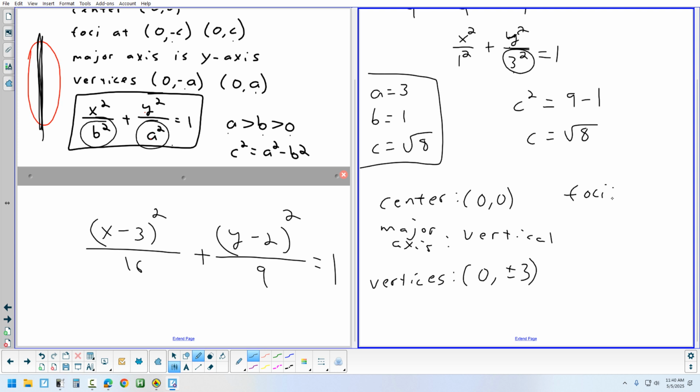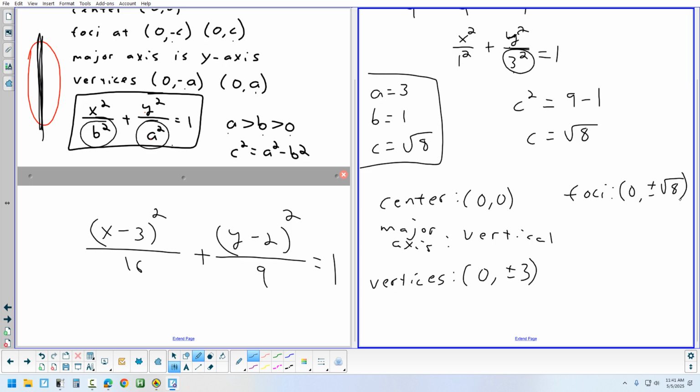C. 0, plus or minus square root of 8. Yeah, so it's going to be 0, comma, plus or minus square root of 8. Generally, if the foci or vertices don't come out to a nice number, we'll just leave it as a square root.